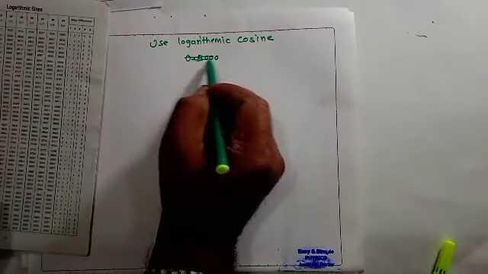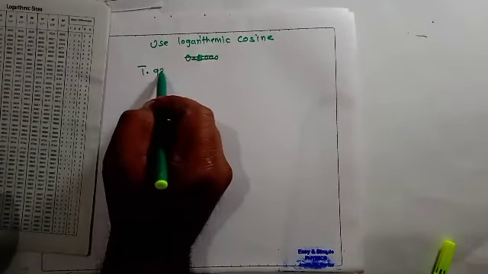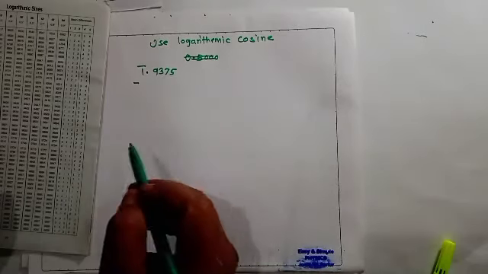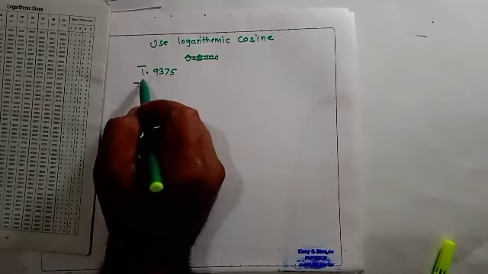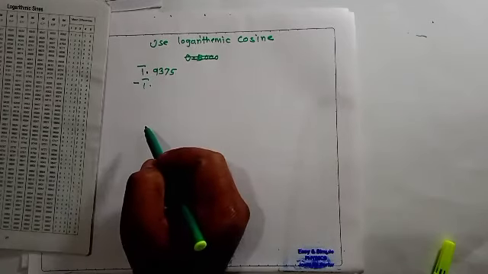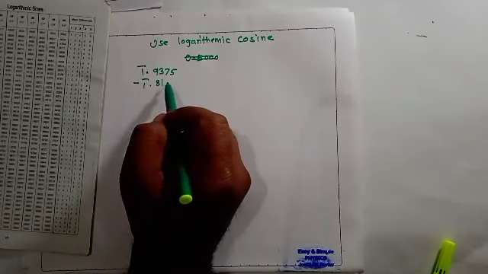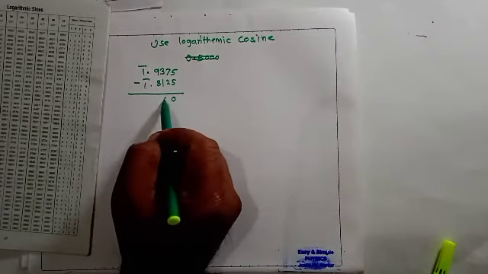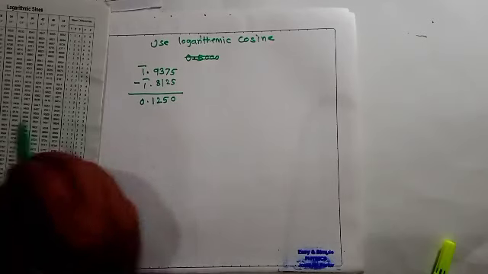It will be bar 1.9375 minus 40 degree 30 minutes, which is bar 1.8125. If we subtract, we get 0.1250.